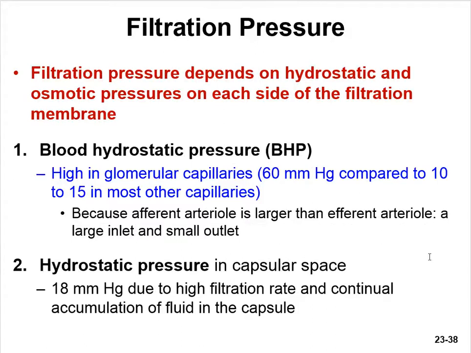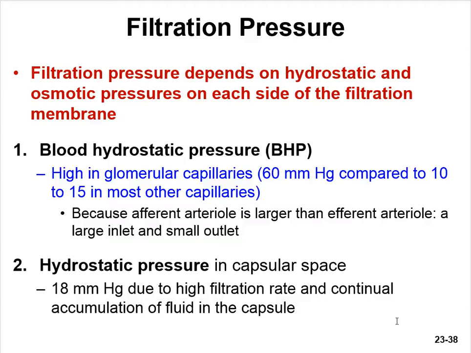Filtration pressure depends on hydrostatic and osmotic pressures on each side of the filtration membrane. Glomerular filtration follows the same principles that govern filtration in other blood capillaries, but there's some differences in the magnitude of forces. The blood hydrostatic pressure, or BHP, is much higher here than elsewhere. It's about 60 millimeters of mercury compared with 10 to 15 millimeters of mercury in most other capillaries of the body.